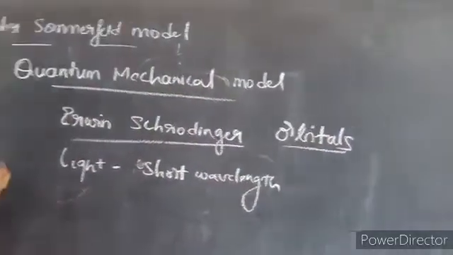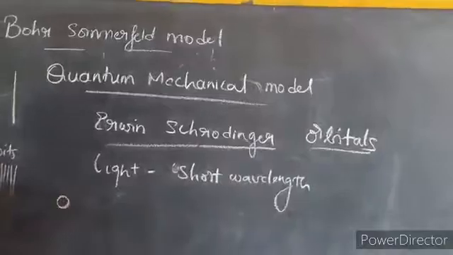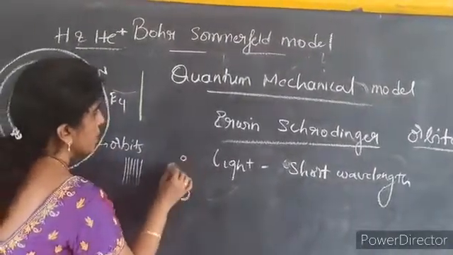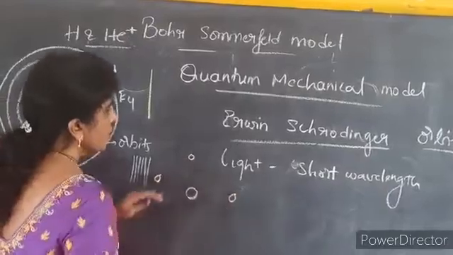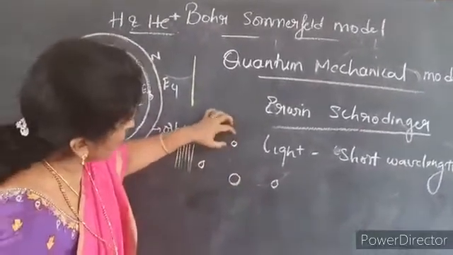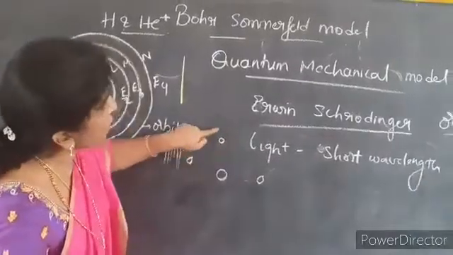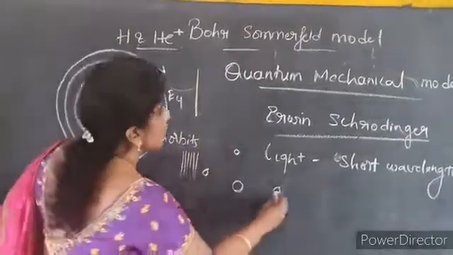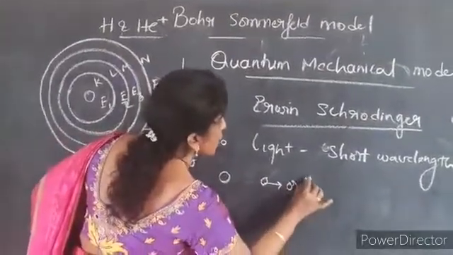Now for example, this is the nucleus, let us assume. So the region or space nearer to the nucleus or away from the nucleus, where the probability of finding the electron is high, this region is known as orbital.